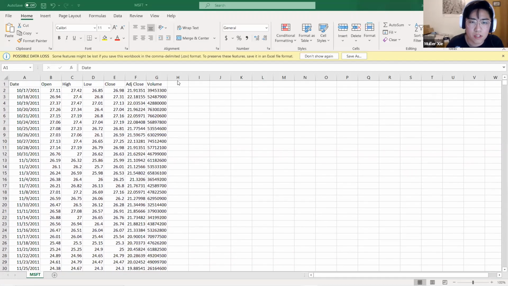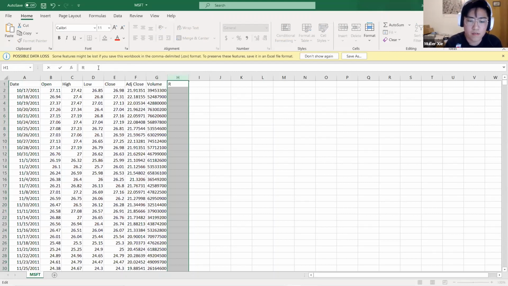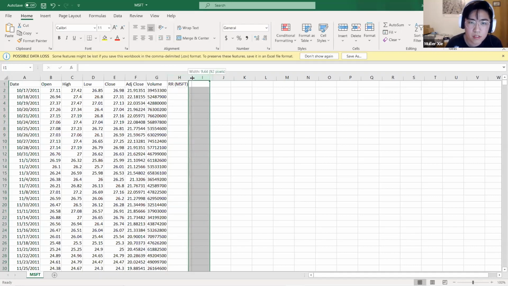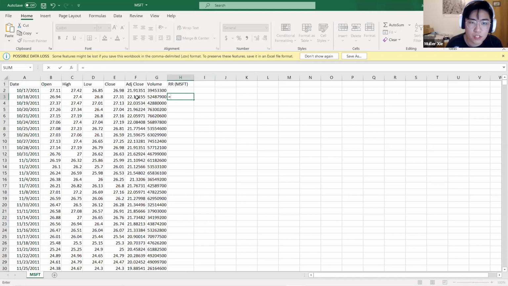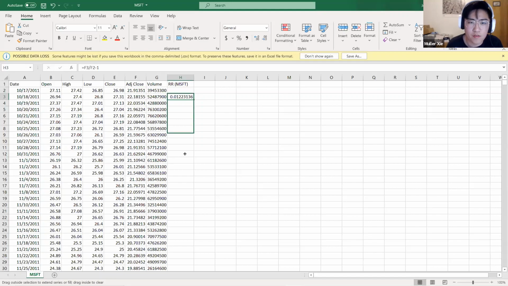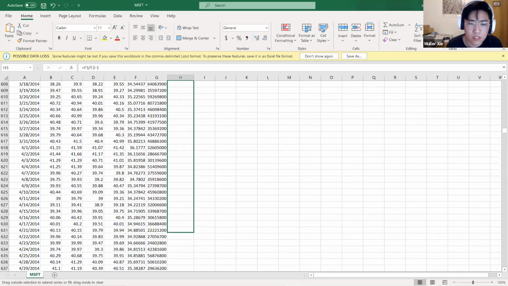From here, we want to calculate the daily rate of return of Microsoft, which is the adjusted close price of the present day divided by the adjusted close price of the previous day, minus 1.